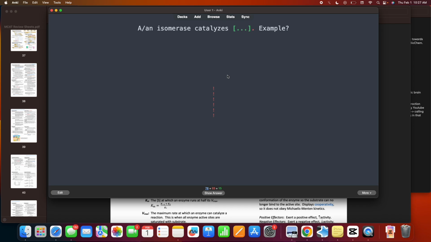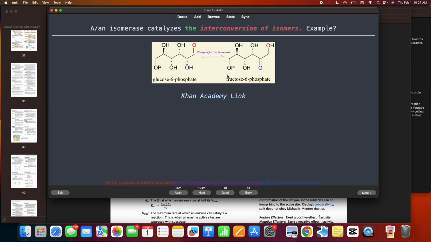Glucophosphate, phosphoglucose isomerase.